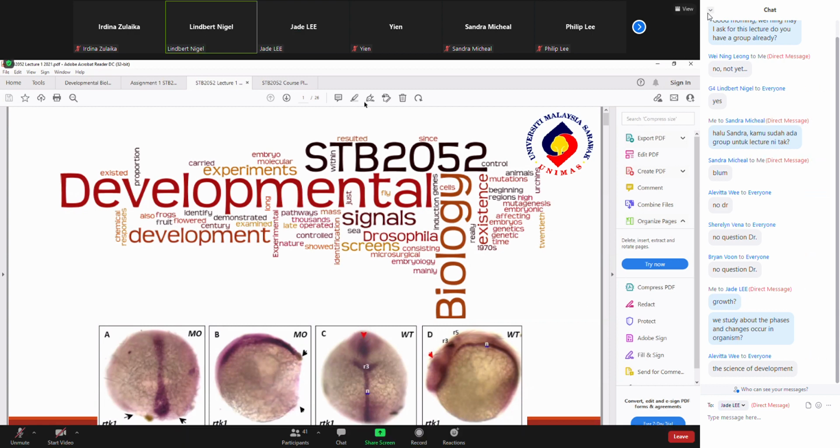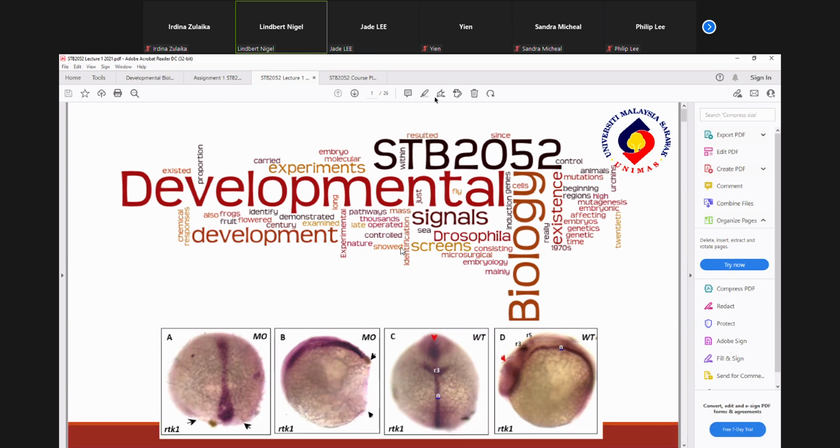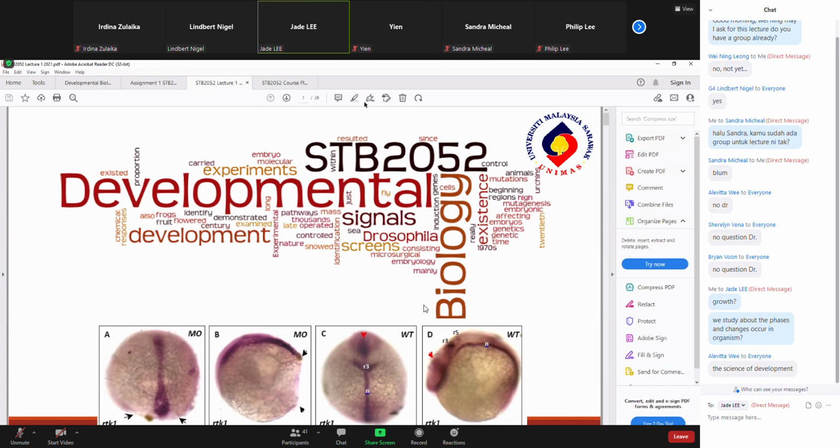Investigate the size and the shape of living things. To investigate the shape and size of living things. Okay, what else?